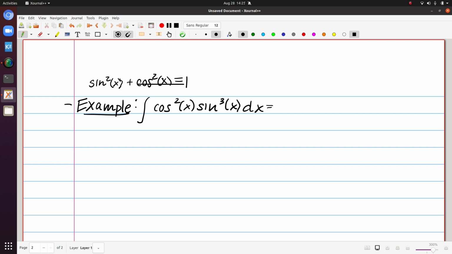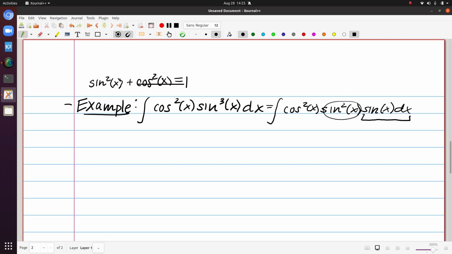So instead, because I really want both trig functions to still be there, I'm noticing that cosine squared times sine cubed can be written as cosine squared times sine squared times sine. And now I can see that I could still have a sine of x present even if I rewrite my sine squared of x.